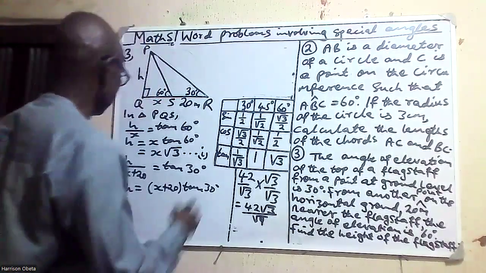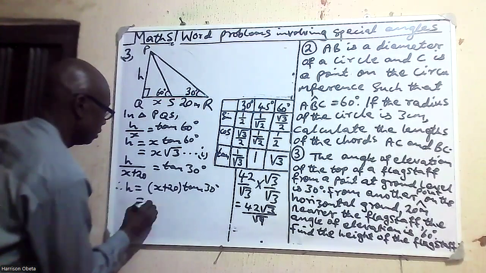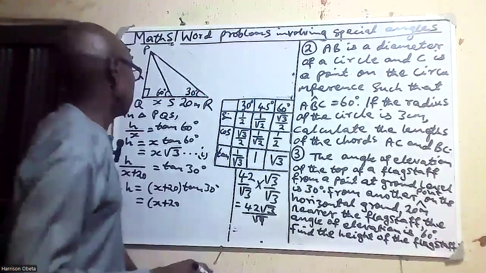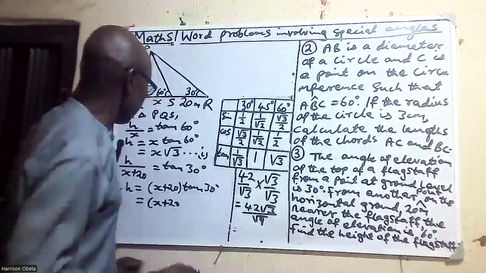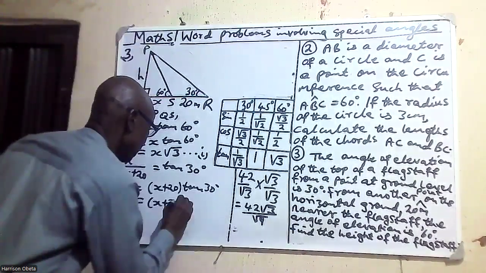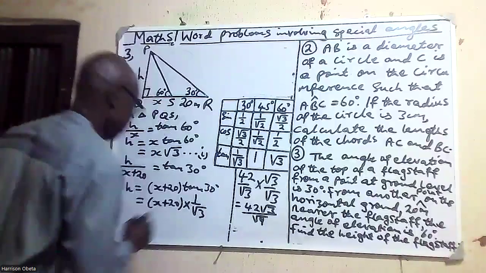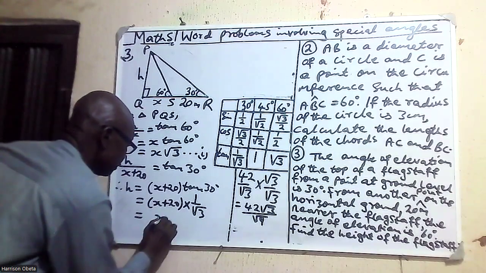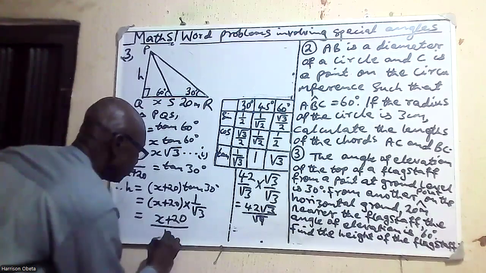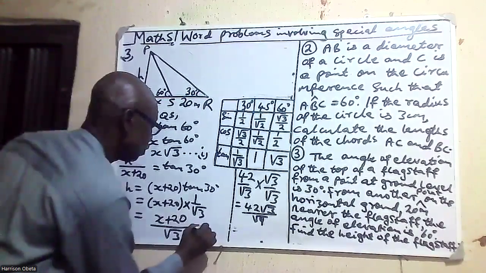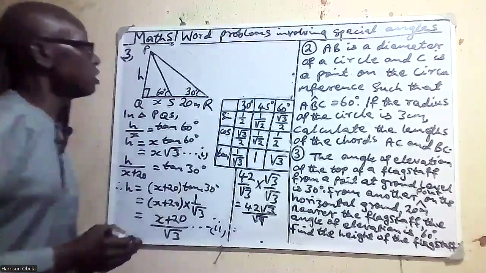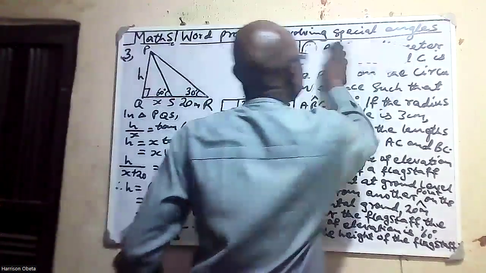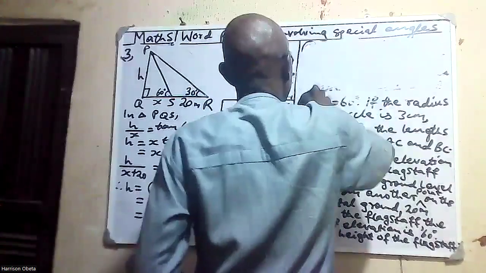In continuation, we have it as x plus 20. Then what is tan 30? Tan 30 is 1 over root 3. So which is the same thing as x plus 20 all over root 3. We call this equation 2. So in continuation, you can clean part of this. So I'll continue from here.